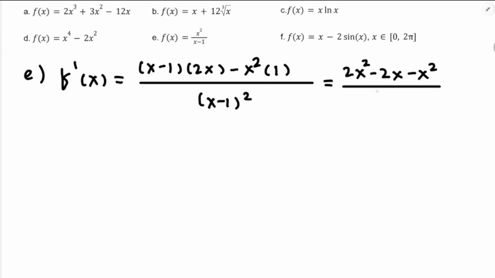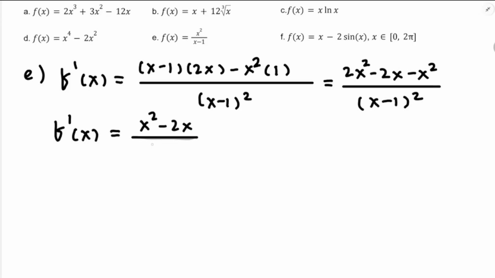Okay, we should be able to do that. So f prime of x is going to be equal to 1x squared minus 2x divided by x minus 1 squared. And I can factor this just a little bit more.